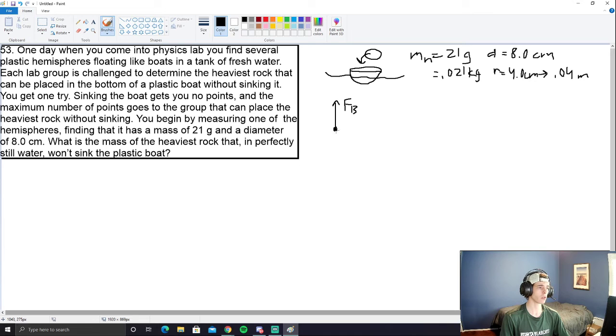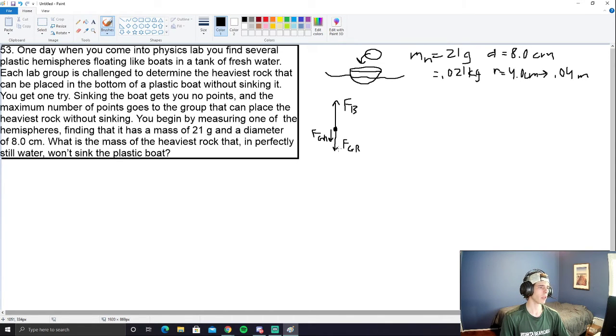There's also a force of gravity on the rock, in the boat, and the boat itself. And I'm going to draw that as H for hemisphere, force of gravity H.